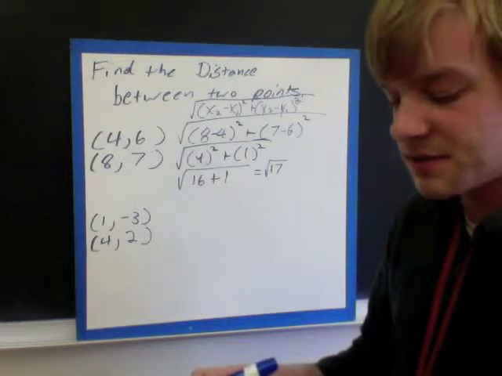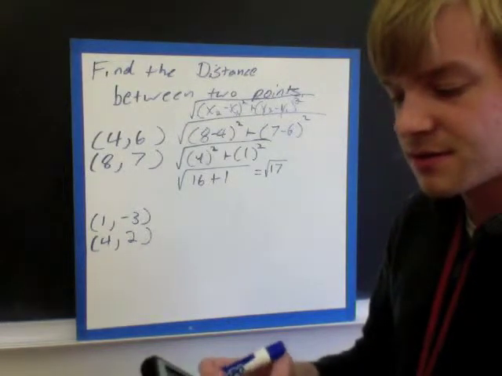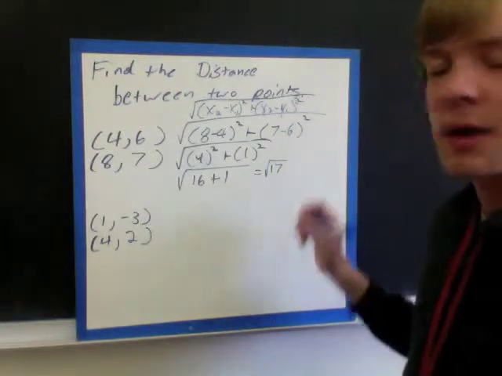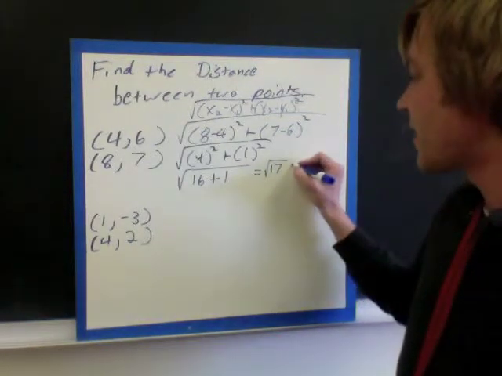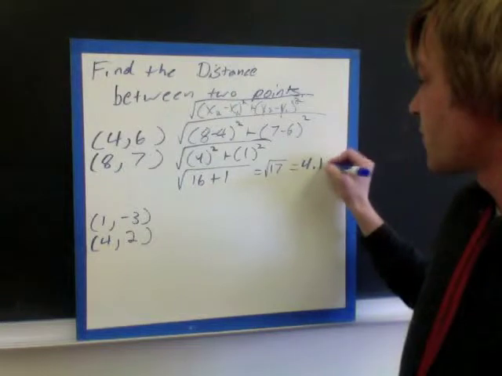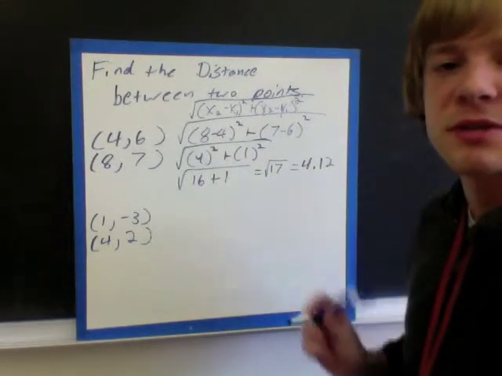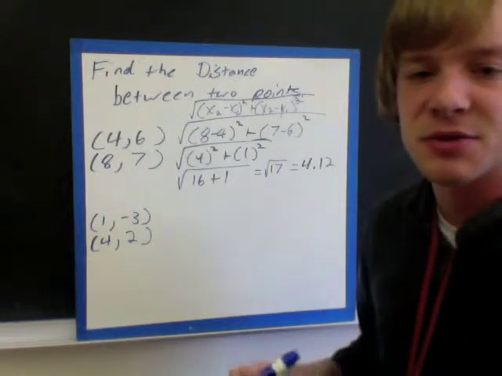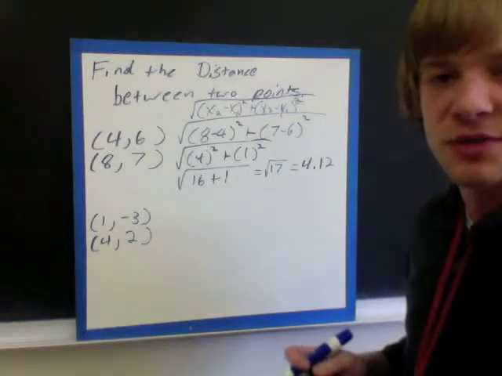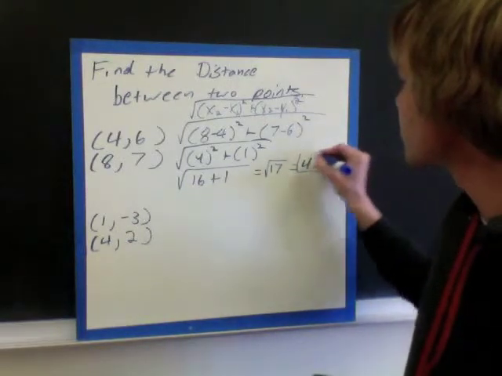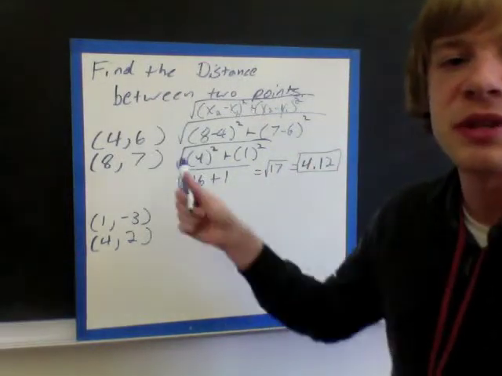Square root of 17 is about 4.123. So I'm just going to make this about 4.12. We just want to go with 2 decimal places there, but many of these answers are going to be decimals. That's okay. So this would be our answer here. That is the distance between these 2 points.